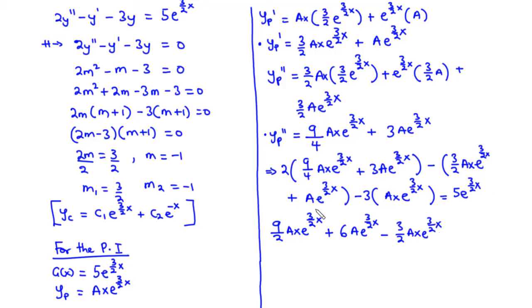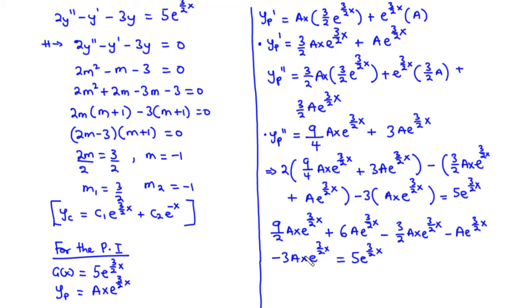The negative affects this term, so minus ae times 3 over 2x, and then you multiply negative 3, so negative 3ax e to the power 3 over 2x equals 5 e to the power 3 over 2x.